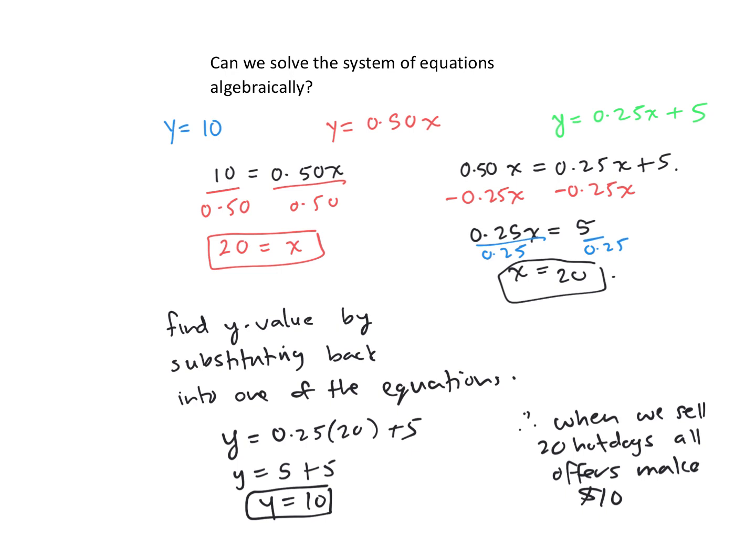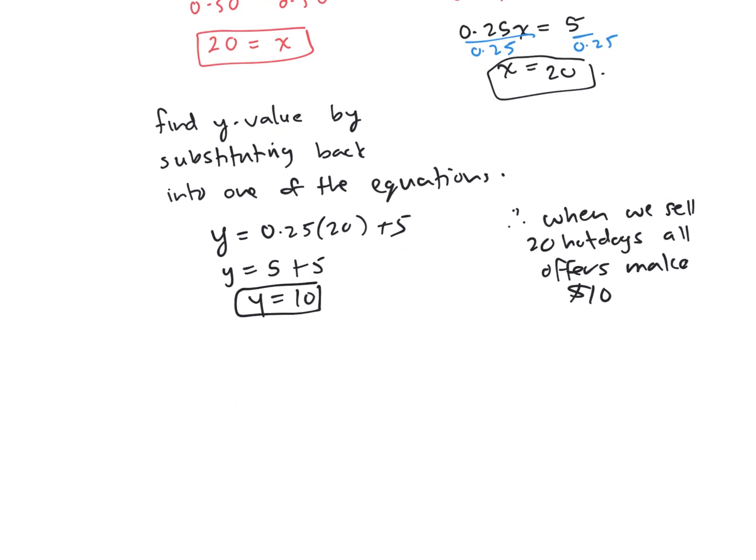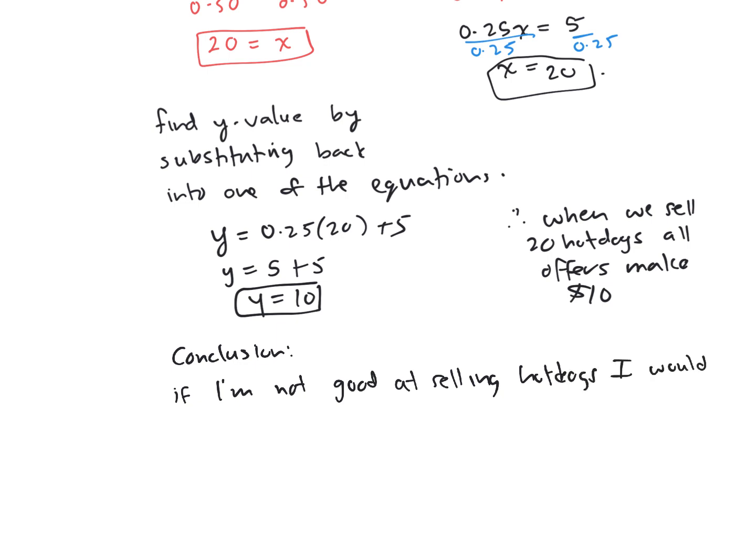So I might say, if I'm not good at selling hot dogs, I would pick offer A, where I'm going to make $10 no matter what.